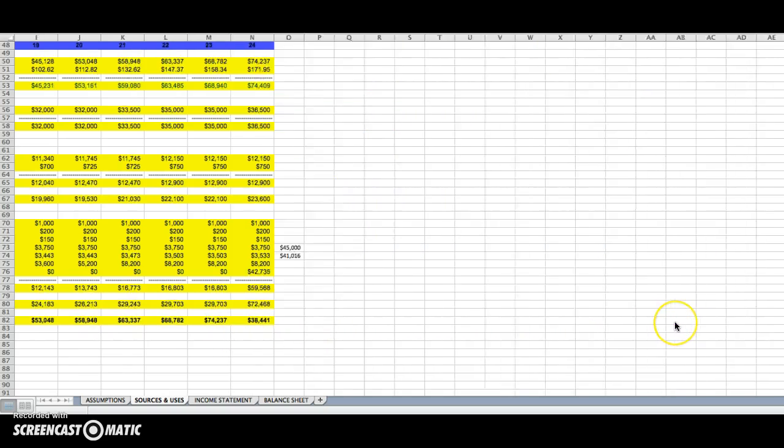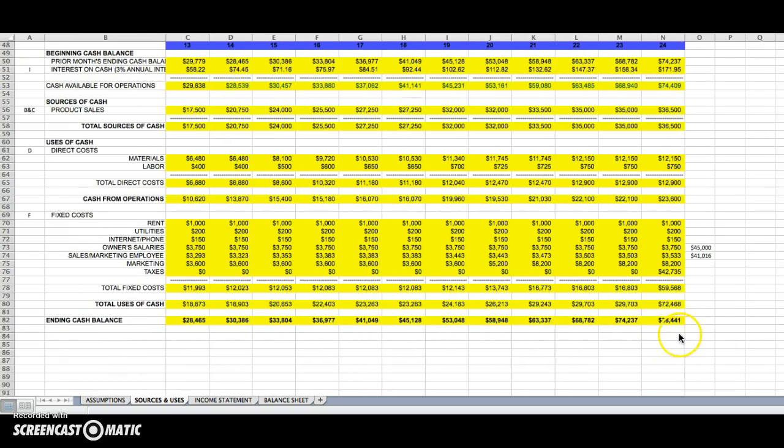As you'll notice here in month 24, it's deducting our taxes. As you can see, this is calculated here. But instead of deducting that throughout the months of the whole year, it's just deducted at the end of the year.